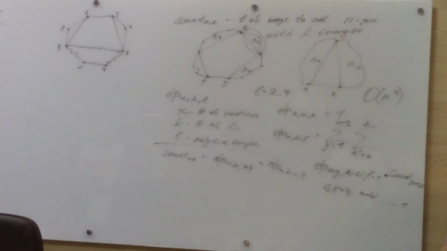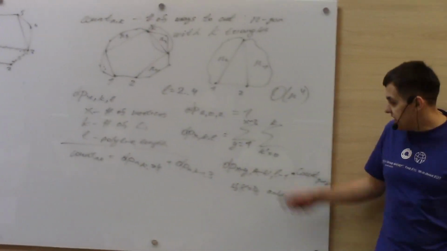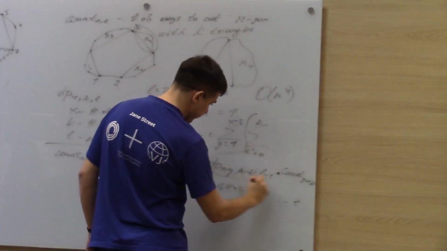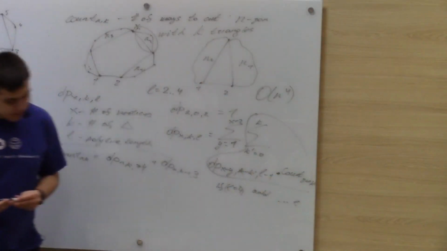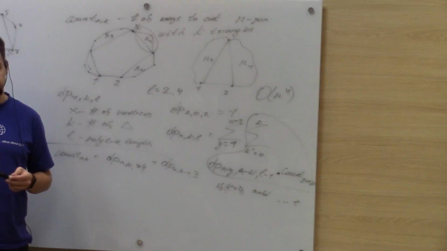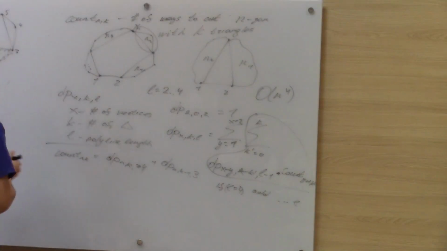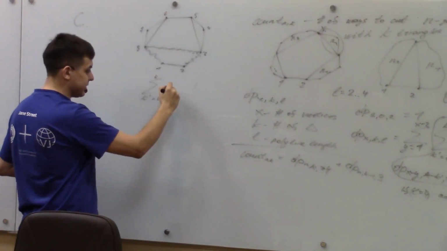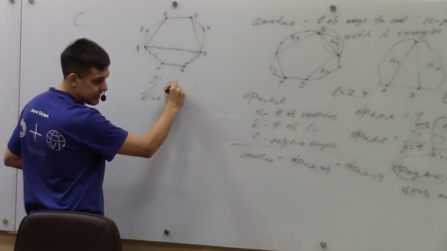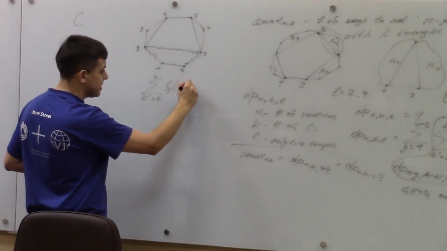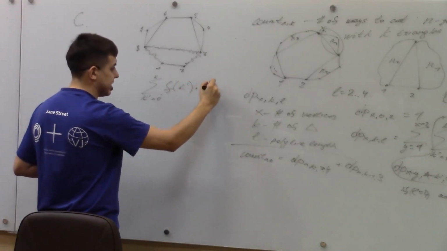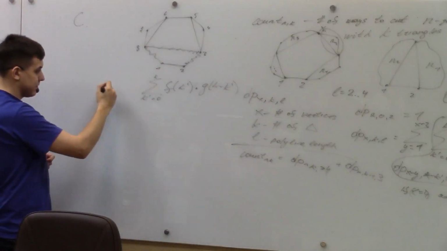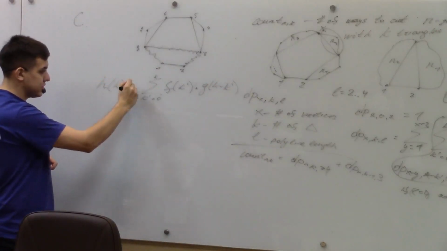Okay, so one more optimization is, well, this part looks a lot like polynomial multiplication. So here we sum over all possible k prime from 0 to k and multiply something that depends on k prime times something that depends on k minus k prime. And we would like to save the result in h of k.